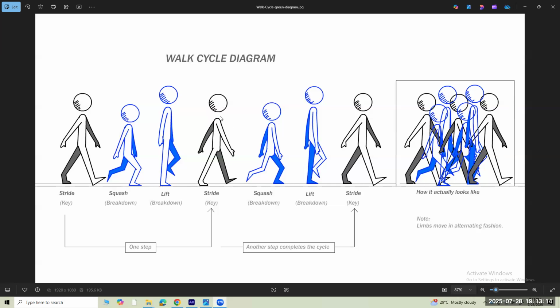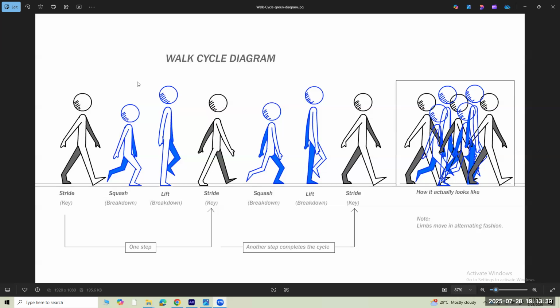So basically, when you walk, your limbs are alternating in position. Okay. So we have three strides right here. The third stride right here is identical to the first stride right here. Now, in between these strides, we have two breakdowns, namely the squash and the lift.